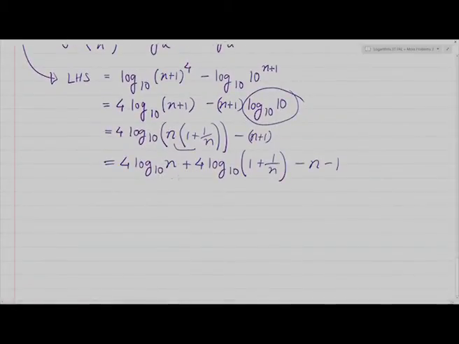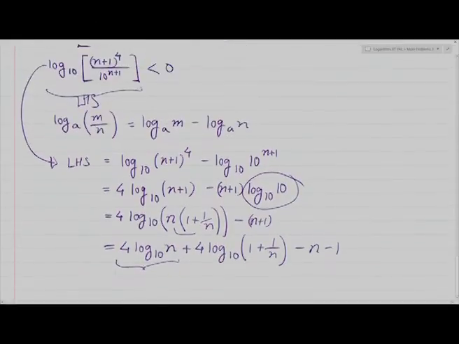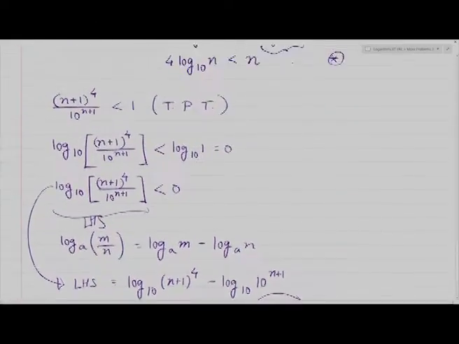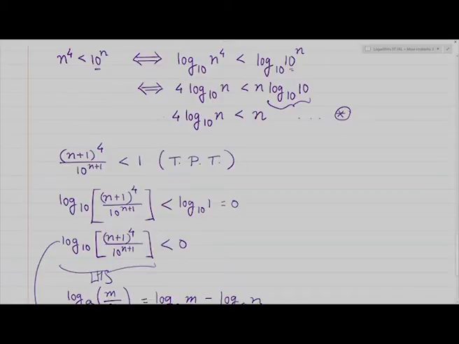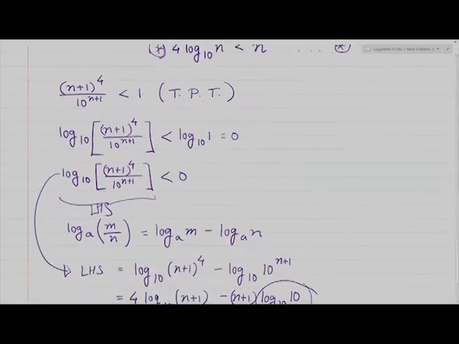But what do you know about this term? We have done something earlier, and that is a part of our given thing. I have marked some equation as star. You see this one. What is this? 4 times log to the base 10 of n is less than n. Can I introduce this inequality? Yes, because I want the final result to be less than 0.